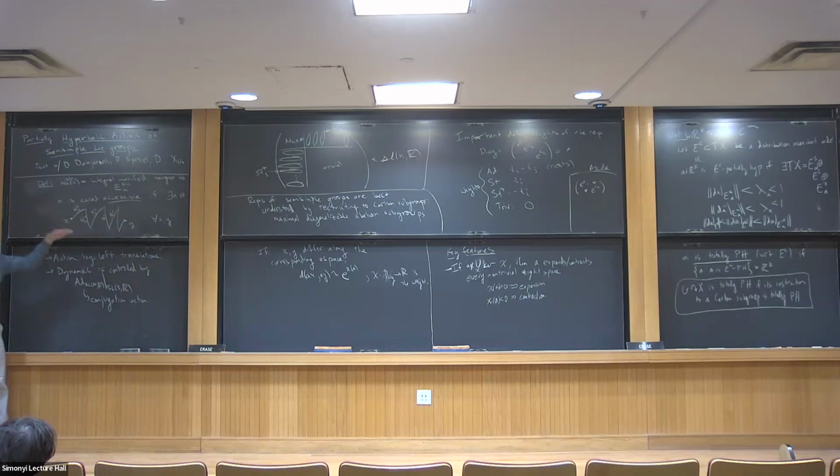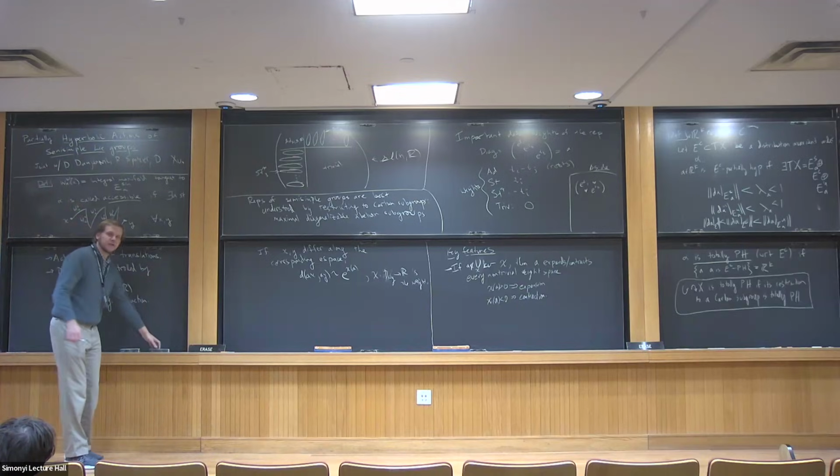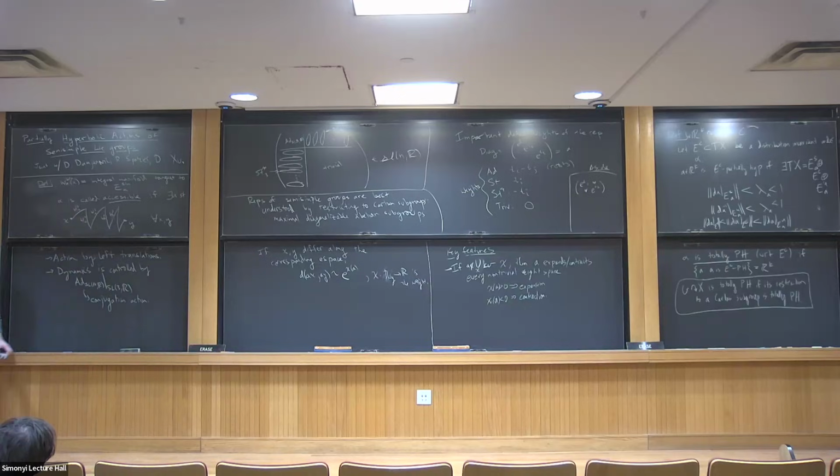Once it's true for one partially hyperbolic element, it's true for all partially hyperbolic elements. Once I get accessibility for A, I get accessibility for every A. Happy to explain this afterwards, but I'm asking you to take my word for it for now.